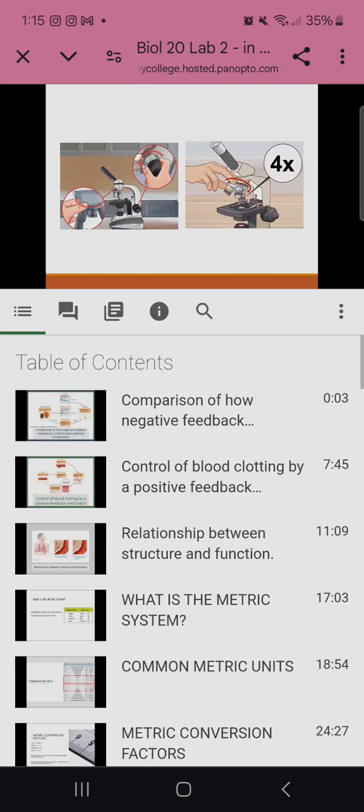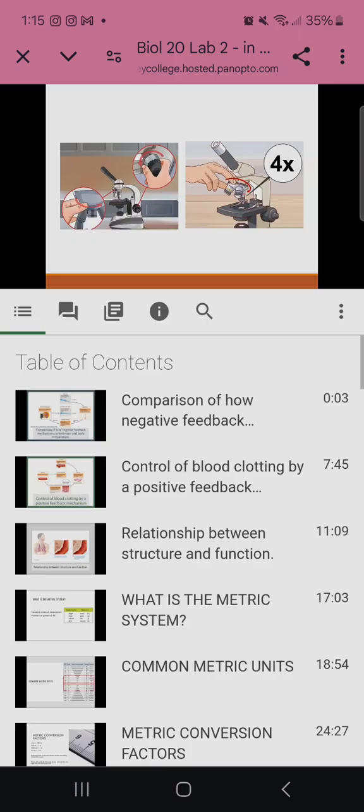So you use the fine adjustment knob to make it clear. And then only once you see a clear, good image, you go from 4 times to the next objective lens, which is what? 10 times, okay? When you go to 10 times, you might or might not use the coarse adjustment knob.